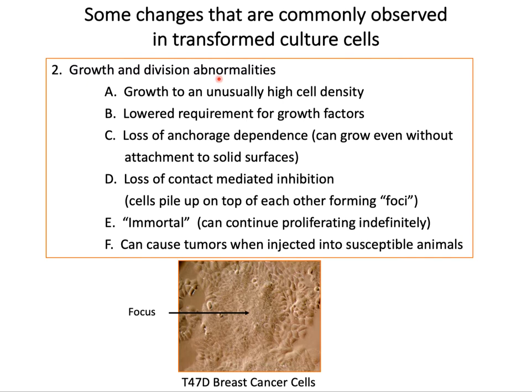But cancer cells seem to be immortal, so they can continue to proliferate indefinitely. If you took these tumor cells that are growing in culture and injected them into a susceptible mouse, for example, an immunocompromised mouse, they actually form tumors. So these are just some of the changes that you can see in tumor cells, but they are by no means all of the changes that you can observe.